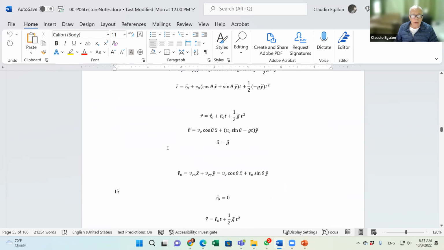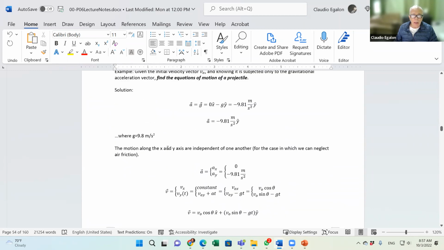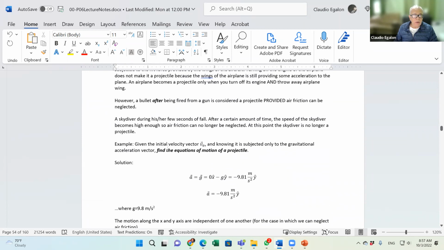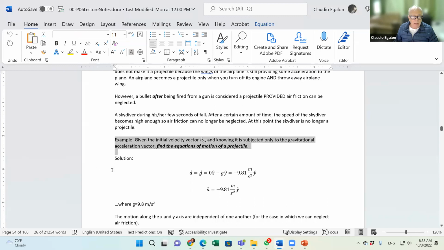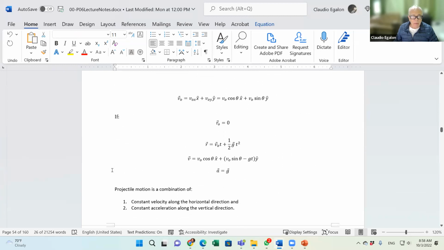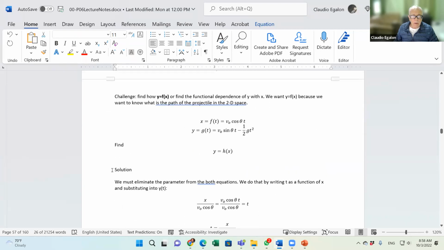That is projectile motion, okay? Let me get started. I'm going to copy that and paste elsewhere. This is a very important problem.